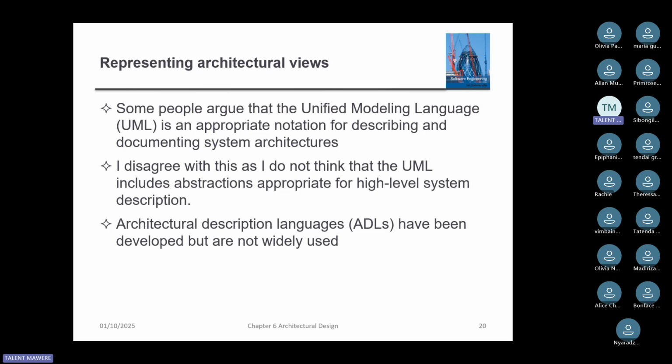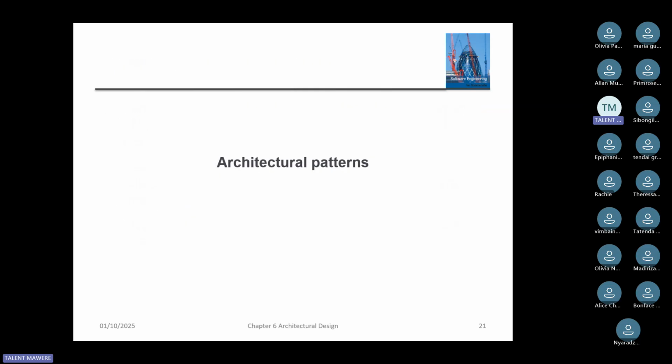Rather, there's a language that was designed, which is called the Architectural Description Languages, ADL. These have been developed, but however, it's not widely used. I think it represents system architectures in a better way.